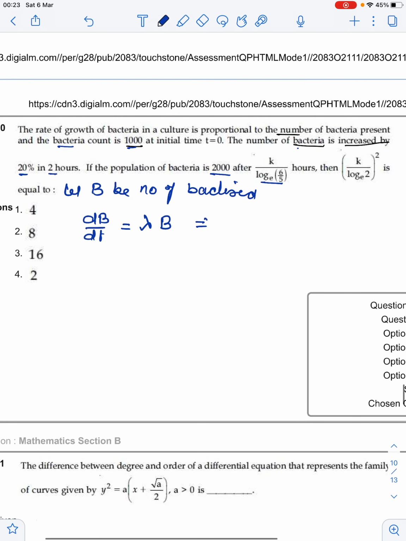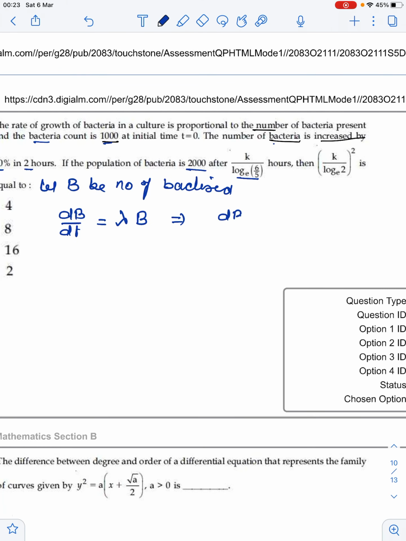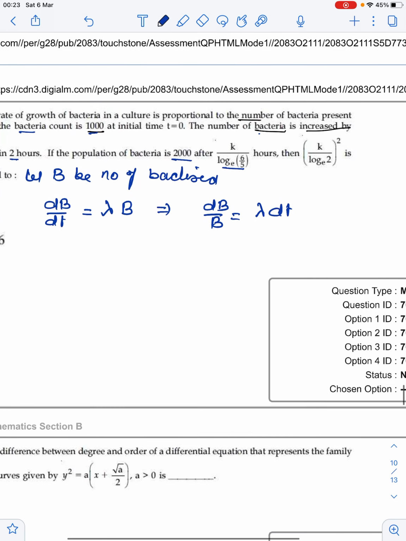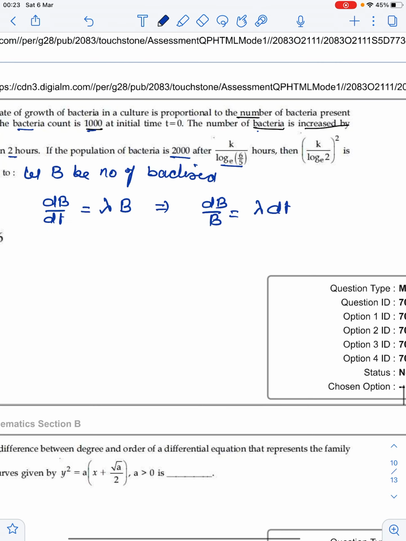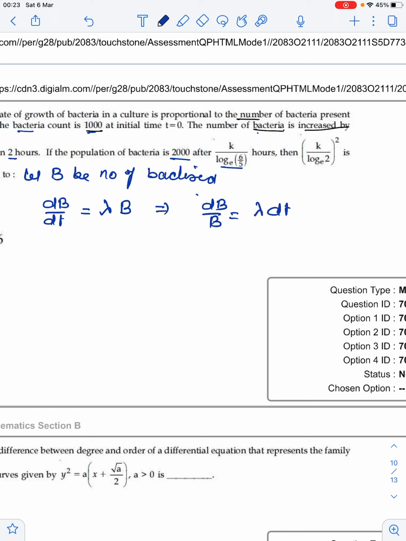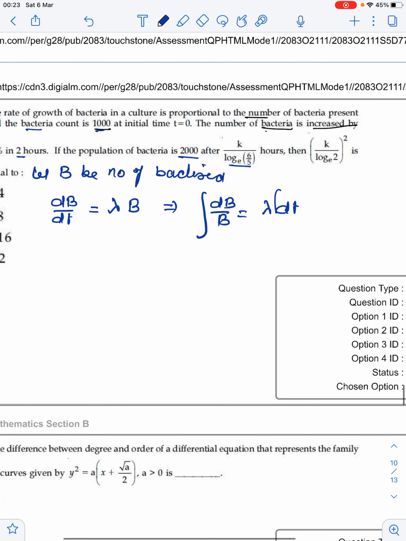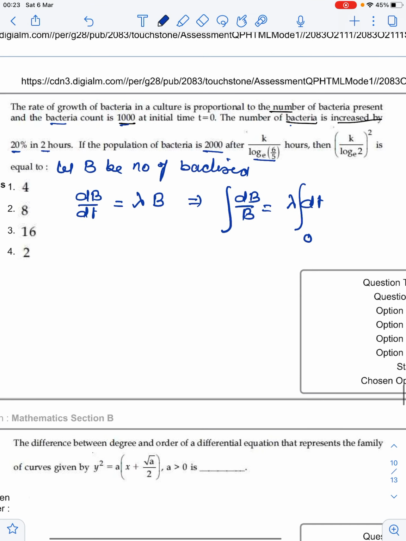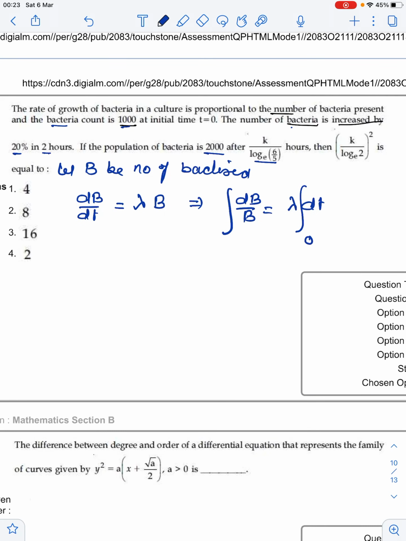So if we write it as dB upon B is equal to lambda dt. Now we apply the initial and final condition to get the value of lambda. Now if you integrate, initially when time is equal to 0, the bacteria count is 1000, and time is taken in hours.